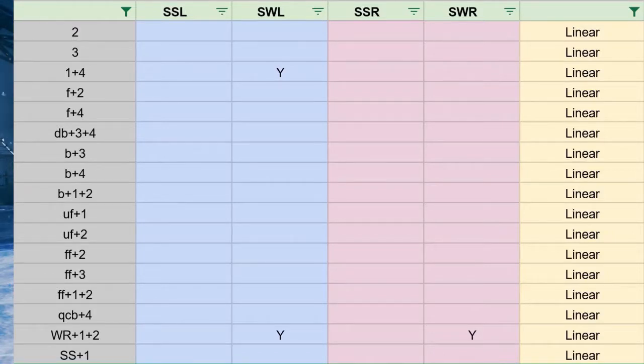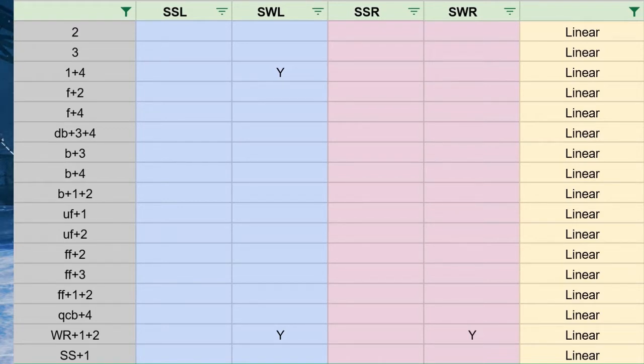So we're going to start with one-hit moves that are linear. The way this spreadsheet works, up the top you've got SSL, sidestep left, SWL, sidewalk left, SSR, sidestep right, SWR, sidewalk right. I've got the input for the move in the grey column, and a note about it, such as it being linear or beats sidestep left.